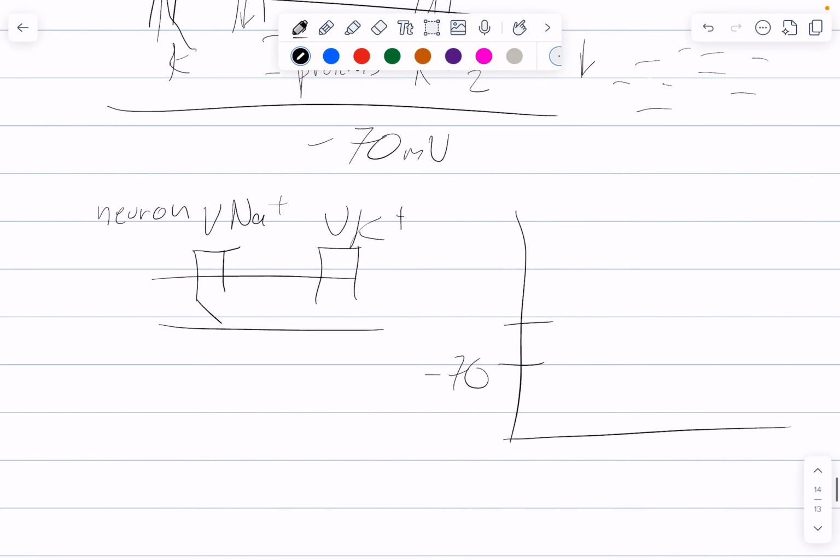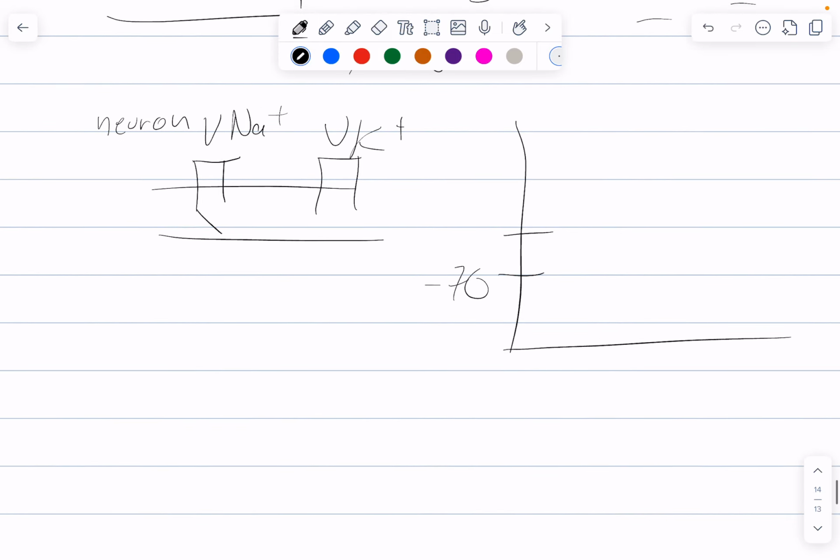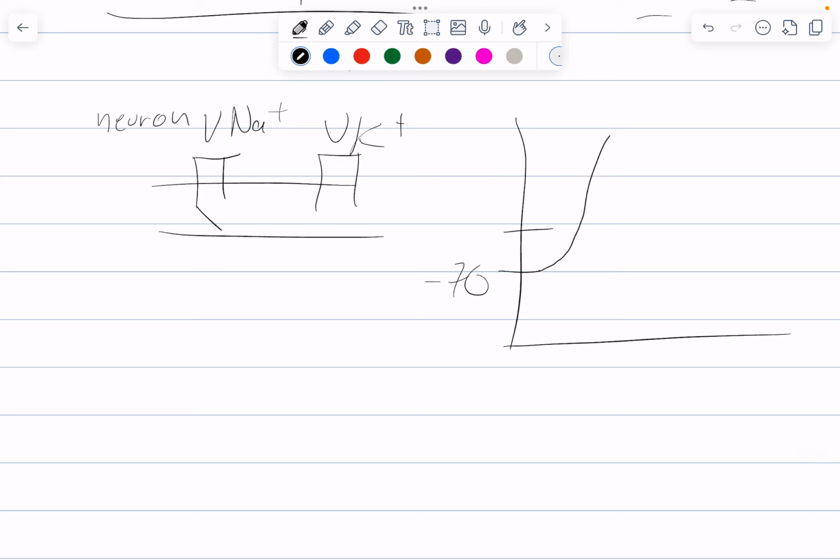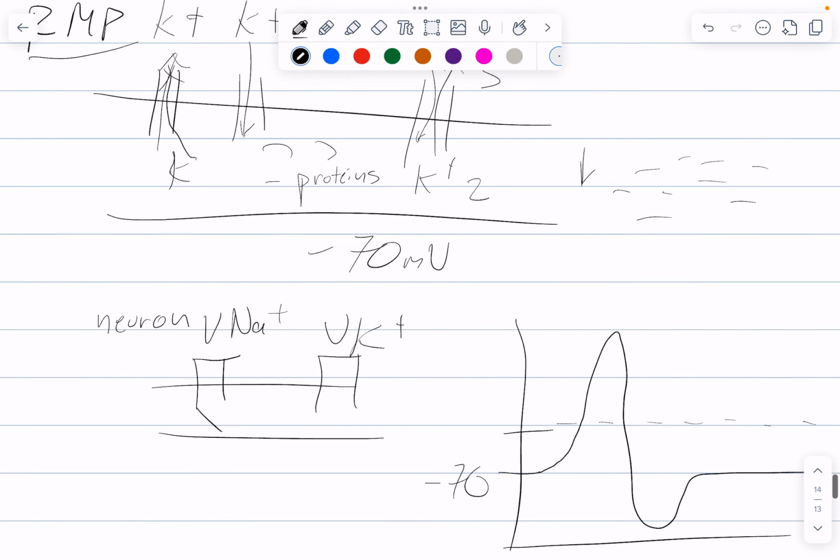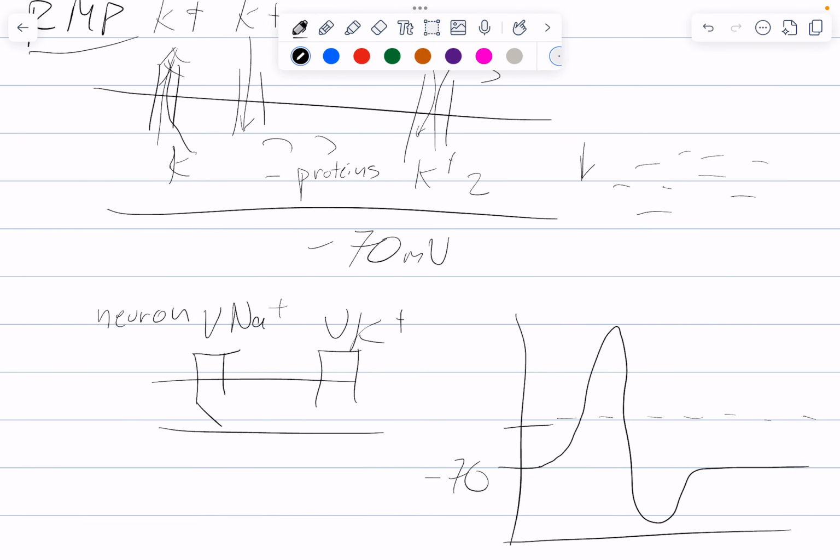Okay, so for action potential, we have this thing called threshold. So threshold is when the cell becomes less negative. It's about negative 50. When it reaches threshold, it is able to have an action potential. And this is an action potential.